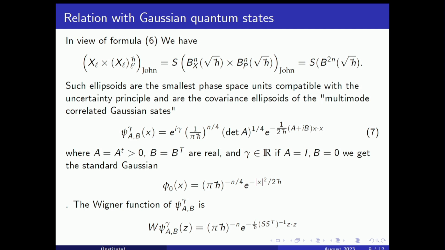It's not trivial, but it's well known. It can actually be proved by using the properties of the metaplectic group. You know, the metaplectic group is the unitary representation of the double cover of the symplectic group, and doing some manipulations and calculations which are not particularly difficult, you can prove this formula.